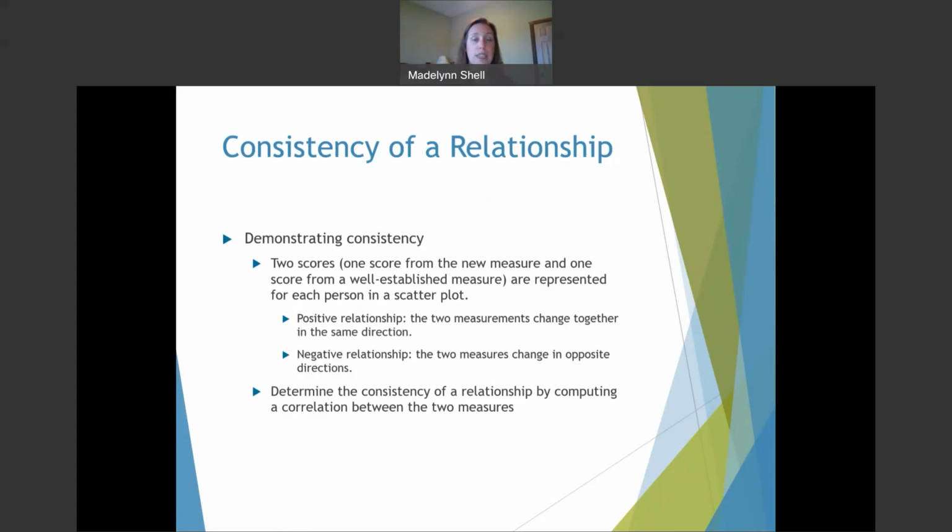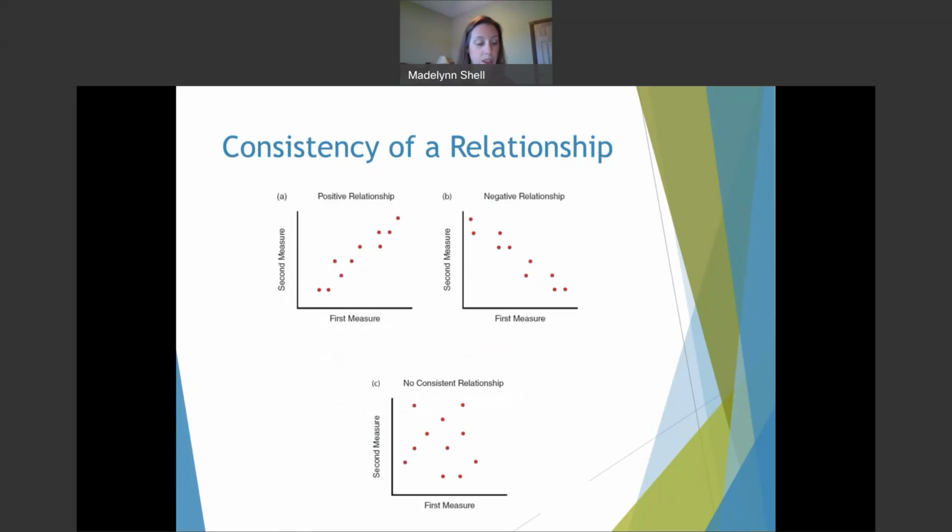So maybe you're establishing a new measure of happiness, and you want to make sure it's not related to depression, or you'd expect it to be related in the opposite direction. So as your score on the Beck Depression Inventory increases, your score on happiness decreases. And so we can establish the consistency of a relationship by computing a correlation.